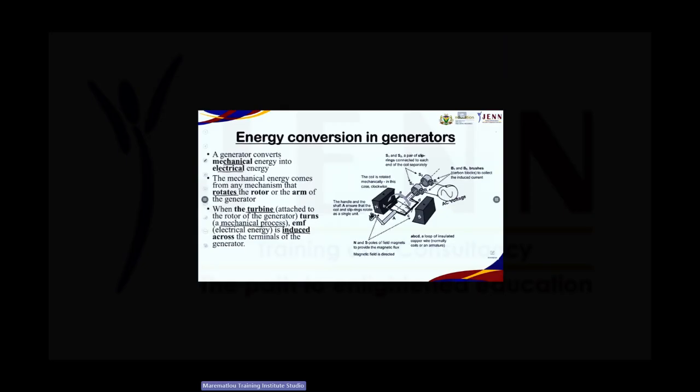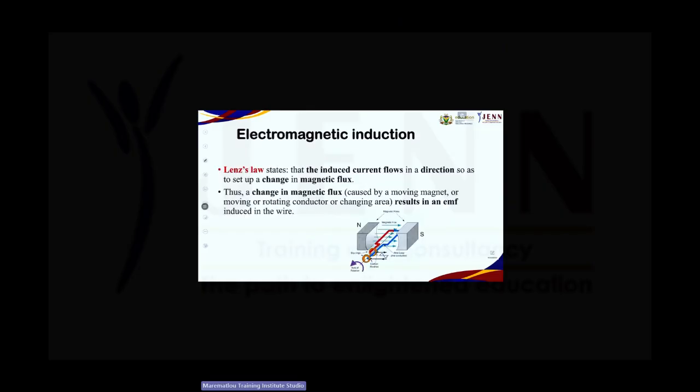When we look at our generator, you can remember from last year Lenz's law, which states that the induced current flows in a direction so as to oppose the change in magnetic flux. You are not supposed to know Lenz's law. You can know of it, but you didn't have to write it down, and the same goes for this year.